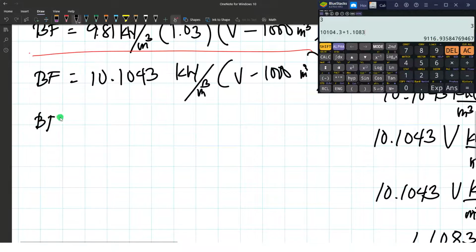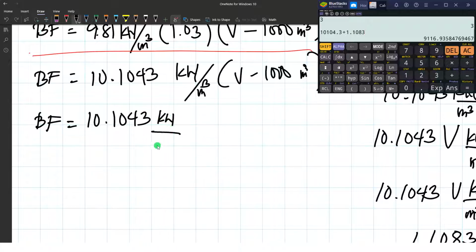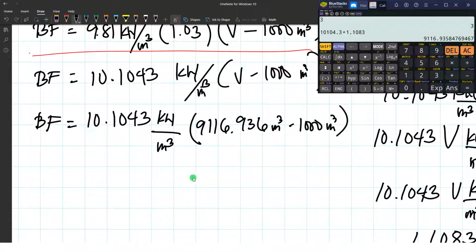So to compute the total buoyant force, we have 10.1043 kilonewtons per cubic meter, multiplied by the total volume, which is 9116.936 cubic meters minus 1000. I will just directly solve this to show you how to compute the buoyant force when we already have the total volume.